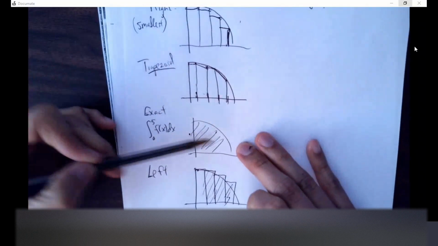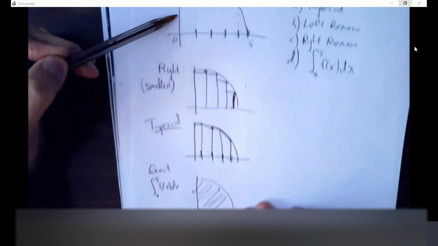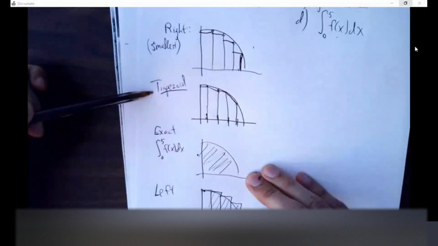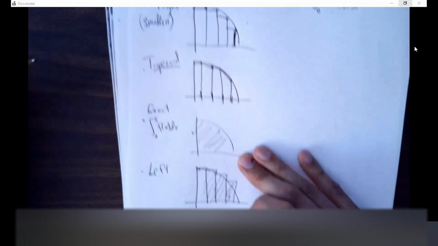Everything else is either exactly the same or a little bit under. So right, trapezoid, area, and then left.